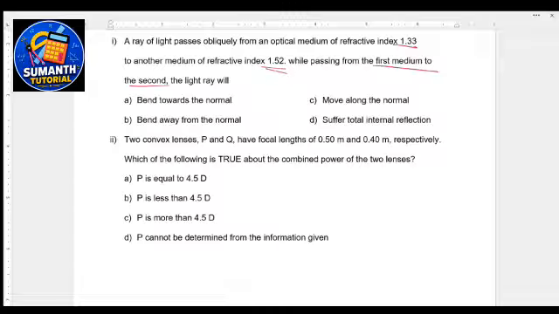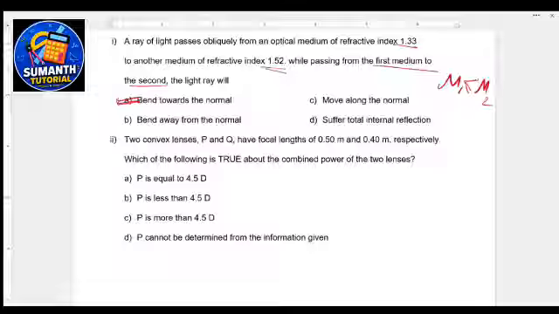Let me write medium 1 and medium 2. The refractive index of the second medium is more, which means the speed of the ray of light decreases, therefore it bends towards the normal. That's the direct answer.